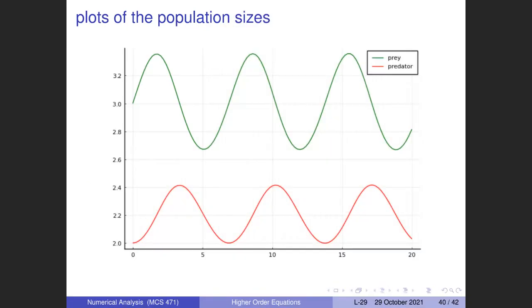Well, okay, so let's look into why that is correct. Here you see it's also an advertisement for the modified Euler method. It's a simple method, but modified Euler does quite well. You see now the population sizes, prey in green, predator in red.